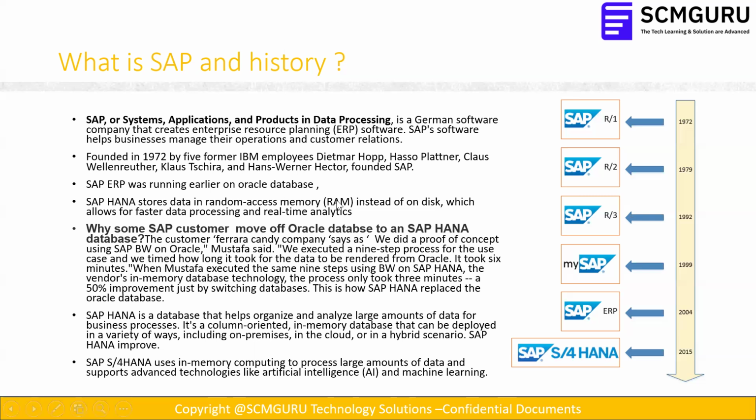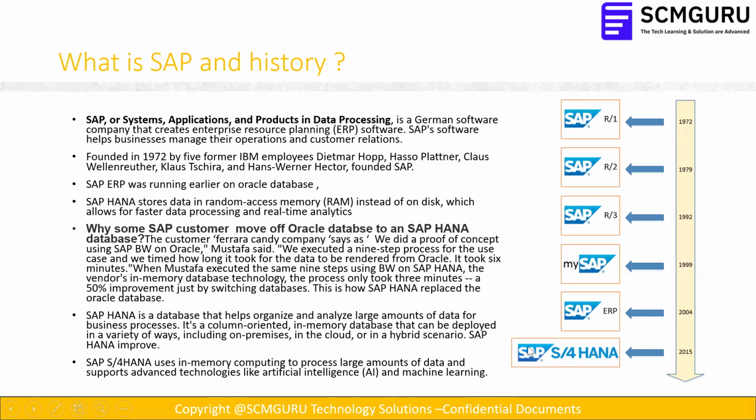Okay, so what is SAP S4HANA? It has come up with the latest technologies; it integrates with artificial intelligence, machine learning, IoT, and other latest technologies. And why do they call it SAP S4 HANA?